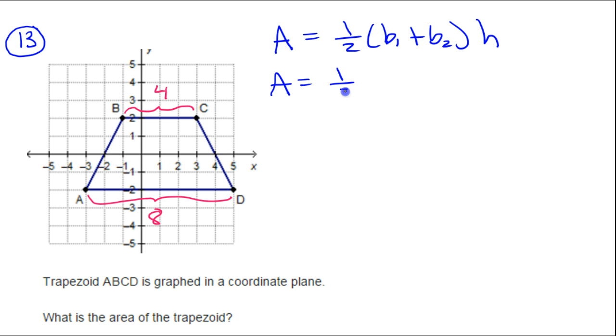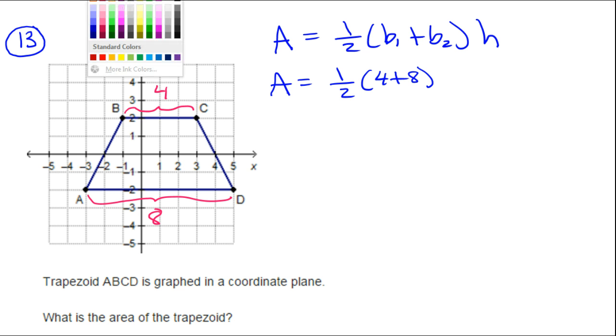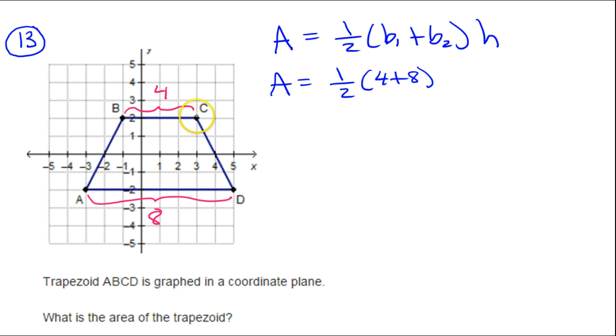So far that gives me 1/2 times 4 plus 8. Now I still need the height. Okay, now the height is going to be the vertical distance between the bases. And I can see that that is also 4. Okay, so 1/2 sum of the bases times the height.